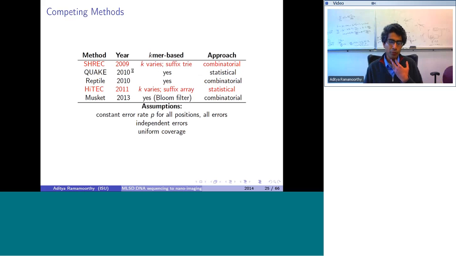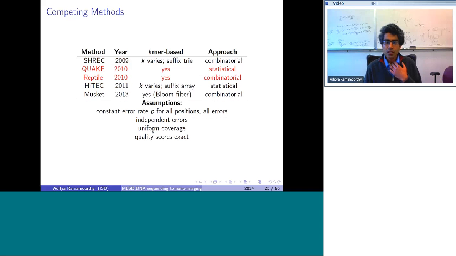They also assume uniform coverage, and coverage here refers to the average number of times a given base is covered by a read. So for a given base, if you assume that the start point is uniform, which is not quite true, you can say that the coverage is the number of reads times its length divided by the genome length.